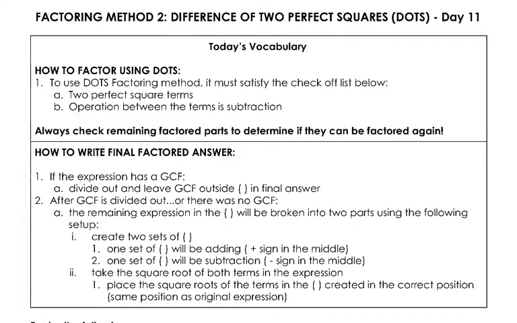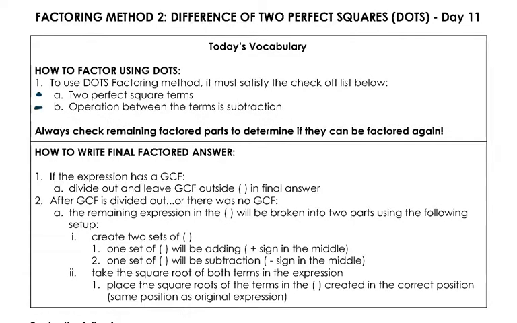To use the DOTS factoring method, the expression that we are factoring must satisfy the checklist below. Both of the terms need to be perfect square terms, and the operation between them needs to be subtraction.